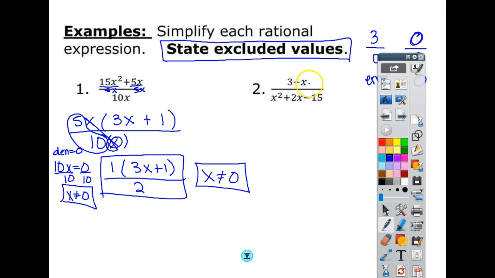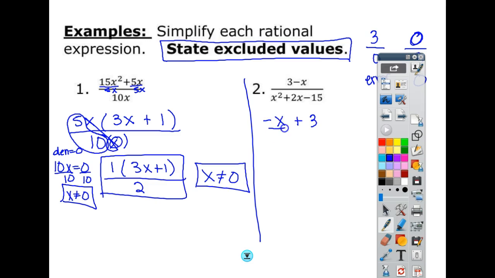Now we had one like this in our notes on Friday. This is in the wrong order, isn't it? Y'all remember that from Friday? So we need to put it in the right order. We're going to say negative x plus 3, that's a positive 3. We don't like for the beginning term to be negative, especially if we're going to factor it.